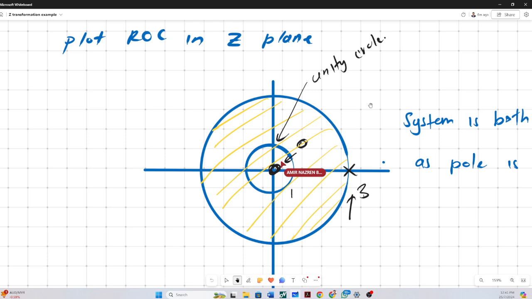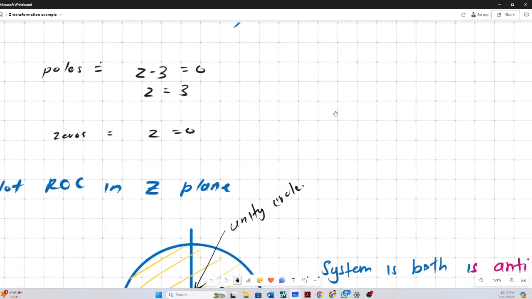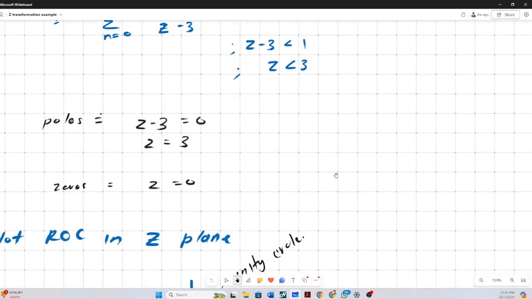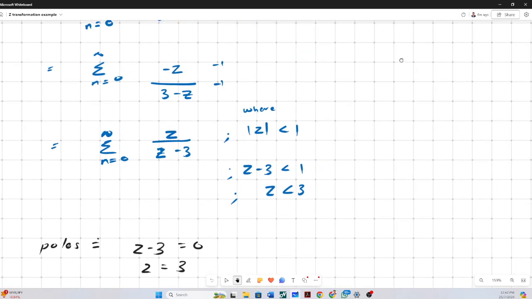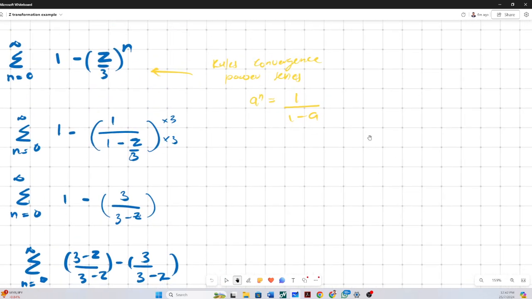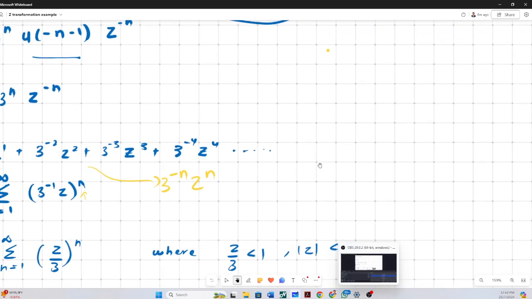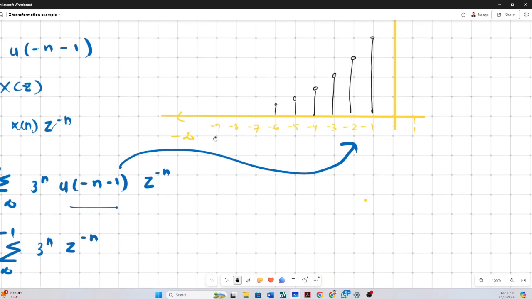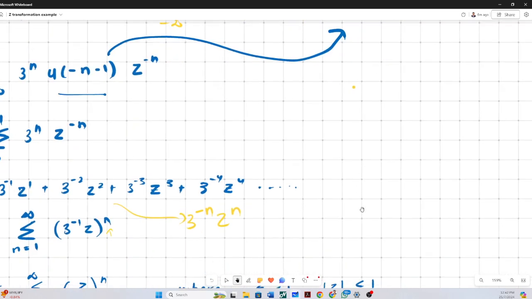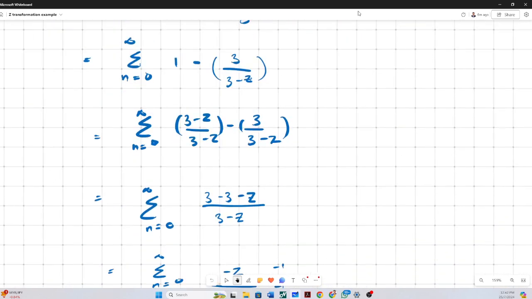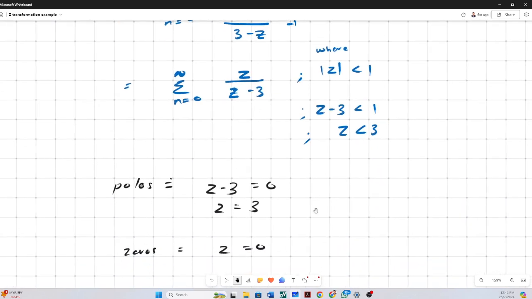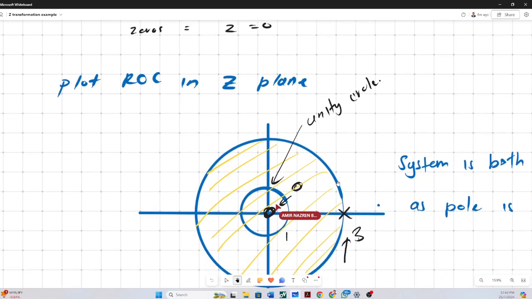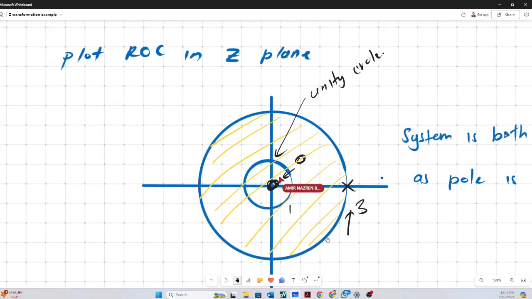The consideration is that the signal is at the left side, the original signal happens at the left side. So when the signal is at the left side, we need to shade inside the circle.